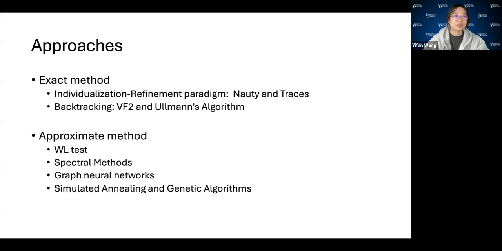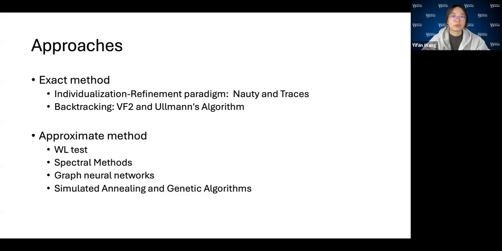On the other hand, we have approximate methods, which focus on providing faster but less precise solutions. These methods use heuristic or probabilistic techniques to determine whether two graphs are likely to be isomorphic. One common technique is the WL test. This test refines the graph vertex labels to distinguish non-isomorphic graphs in a quick way.